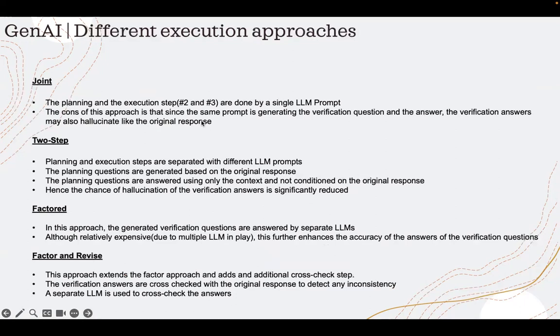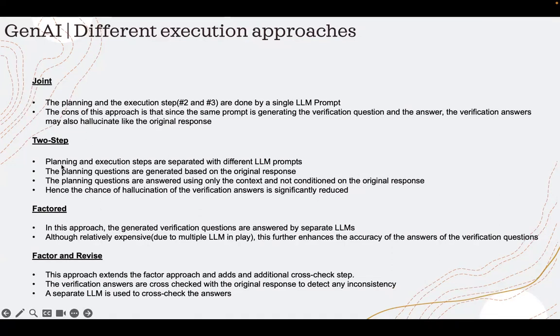The disadvantage of this approach is that since the same prompt is generating the verification questions and the answers, and it takes the original response and the context also, there is a chance that, if the original response was hallucinated, these answers may also be hallucinated.